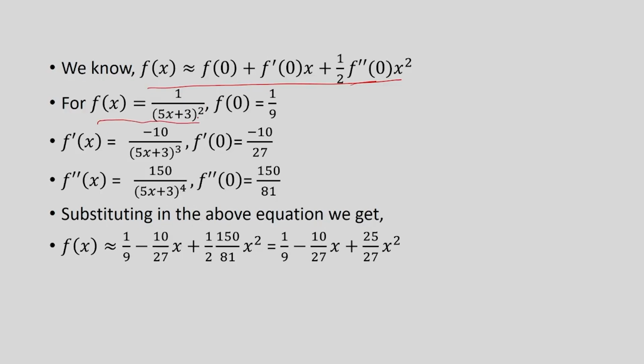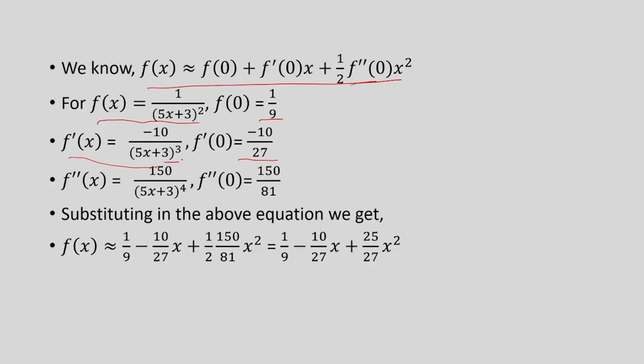Now, the function is this. So, I need to find out what is f of 0. I take x is equal to 0, it will just become 1 by 9. Then I take the first derivative, right, f dashed of x, and I am skipping some steps here. So, it will be just minus 10 divided by 5x plus 3 whole to the power 3, and if you put x equal to 0, it becomes minus 10 divided by 27.